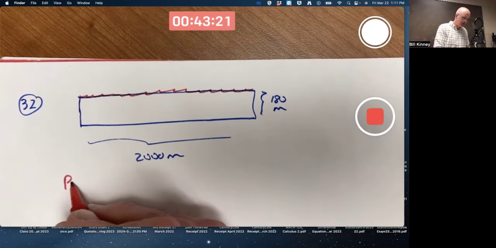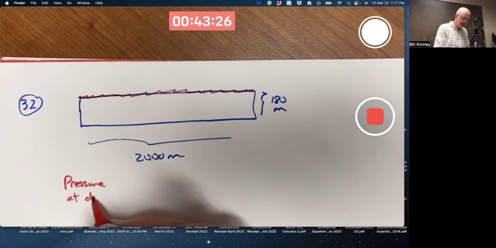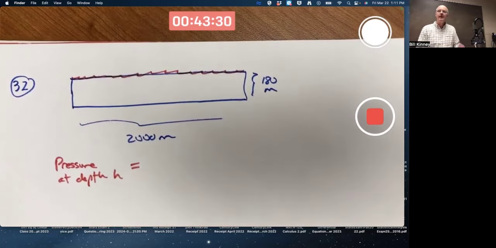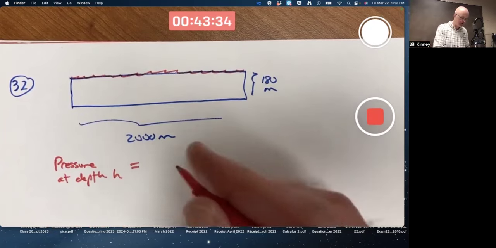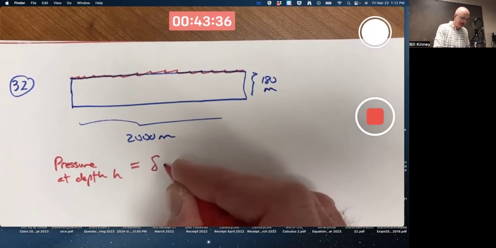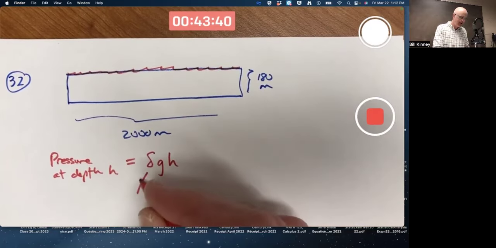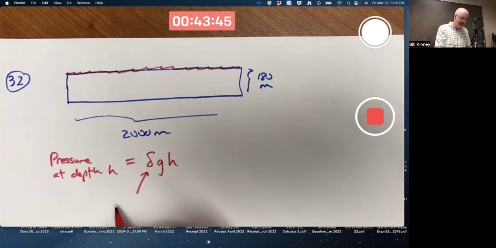The pressure in general, pressure at depth H, they write down a real abstract equation at first as delta times G times H, where delta is the mass density, kilograms per cubic meter.